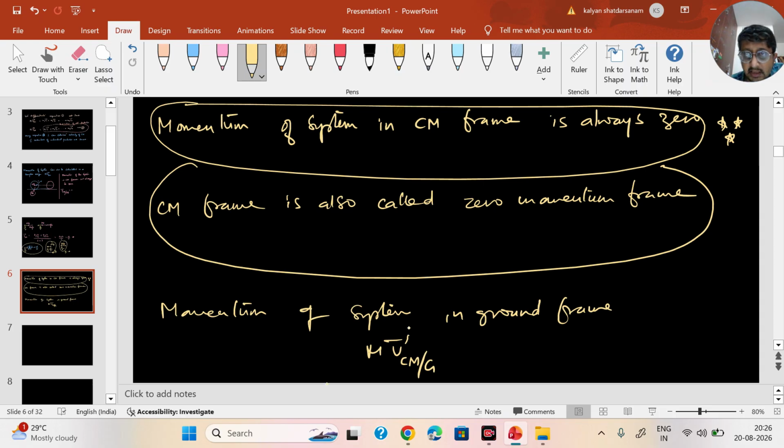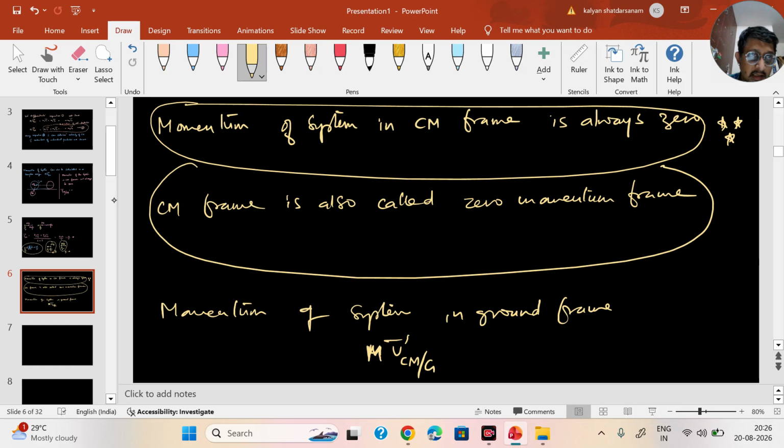Momentum of system in car frame is total mass into velocity of center of mass in car frame. Momentum of system in rocket frame is total mass into velocity of center of mass in rocket frame. Now, momentum of system in center of mass frame is total mass into velocity of center of mass in center of mass frame, which is zero. That's why momentum of system in center of mass frame will be zero. Very important and powerful idea.